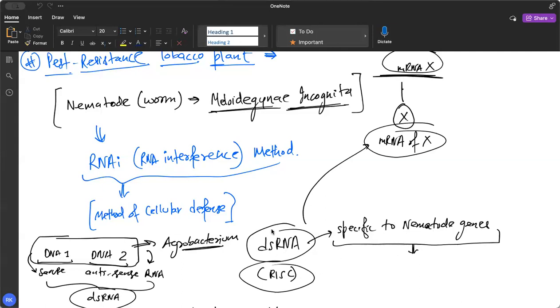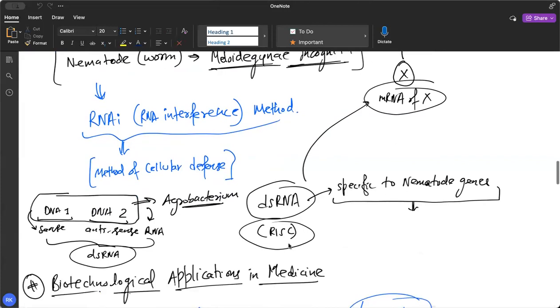Whenever there is a double-stranded RNA in a living system, in eukaryotic cells, it is not a good sign. So double-stranded RNA is a signal of an issue. And this employs a RISC complex. This RISC complex will go and find that mRNA against which this dsRNA has been developed.